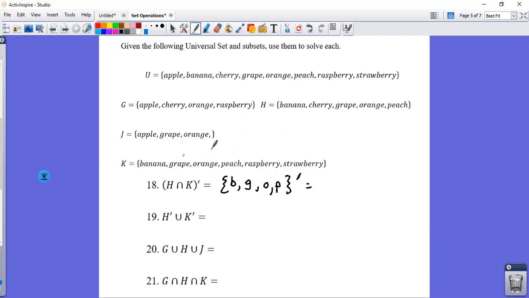Banana, grape, orange, peach. Now the complement of that, again, is everything that's in the universal set. This time 1, 2, 3, 4, 5, 6, 7, 8 items in the universal set. So the complement of 4 items has to be the other 4, which would be the apple, not the banana, the cherry, not the grape, not the orange, not the peach, the raspberry, and the strawberry.